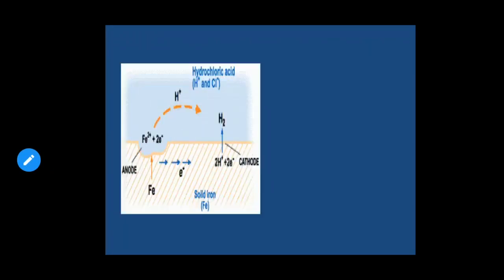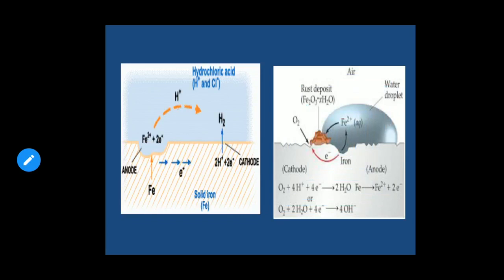The rust on iron does not form by a simple reaction of oxygen with iron surface. The rust is formed by an electrochemical reaction. Different regions on the surface of iron become anode and cathode.